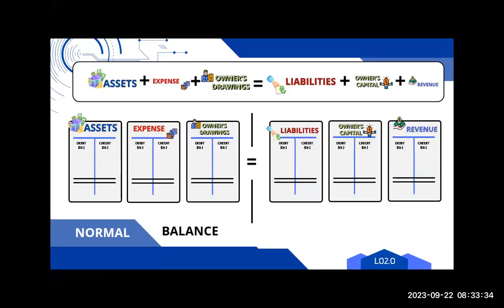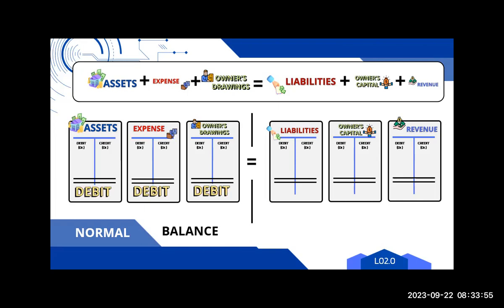So with that said, meron tayong mga normal accounts. Meaning, ano ba yung normal balance of each of the groups of assets? Right? So meaning, what it means by a normal balance is, for example, assets, ang normal balance niya is a debit because nasa left siya.